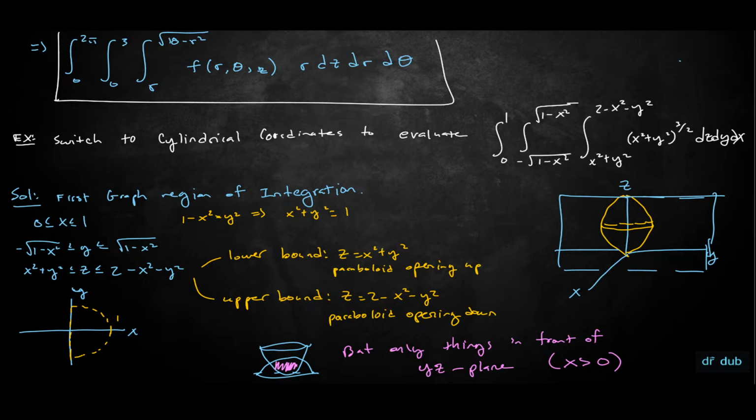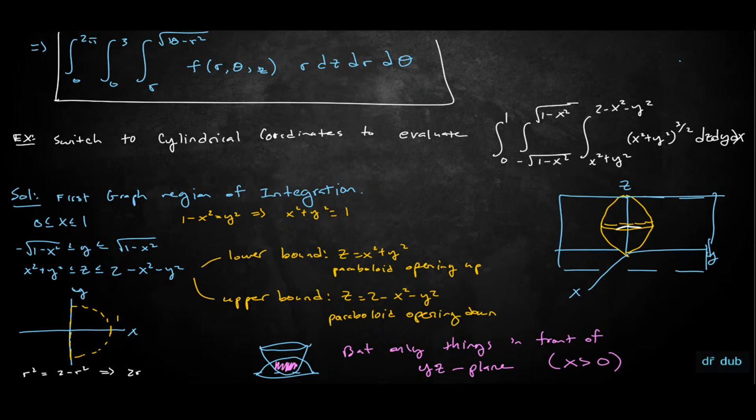And we can kind of see where the circle of radius 1 comes from. It's actually where these two intersect, right here. You can show that r squared equals 2 minus r squared intersects at r equals 1.